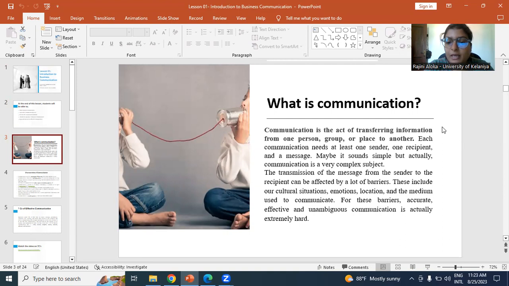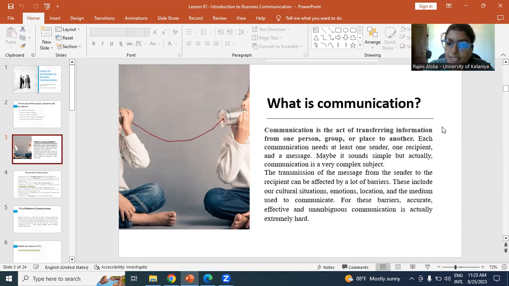Communication is the act of transferring information from one person, group, or place to another. This is the simplest definition we can give for communication.